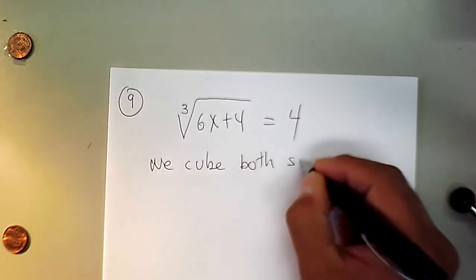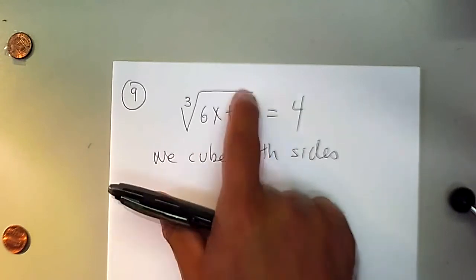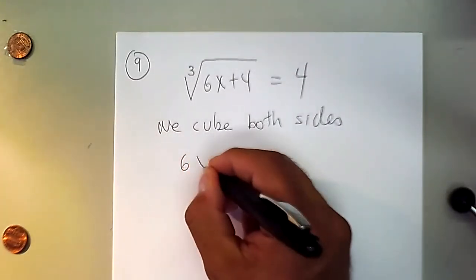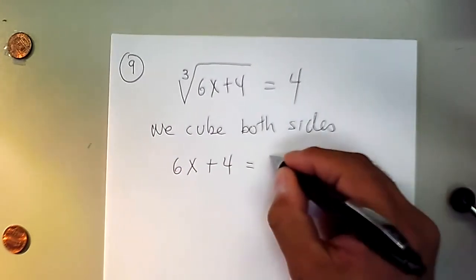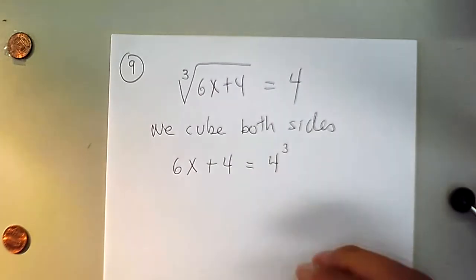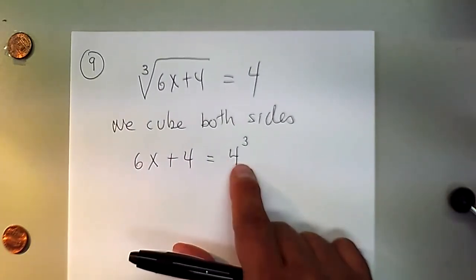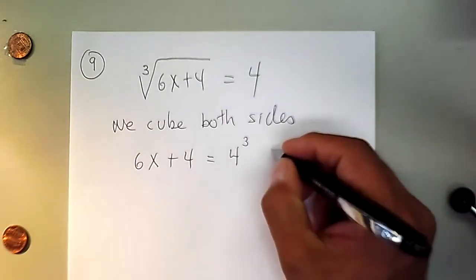Now, when we cube the left side of the equation, the root vanishes, leaving us with 6x plus 4. And then we have to cube the 4. So that is 4 times 4, 16 times 4 is 64.